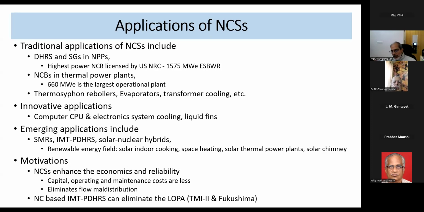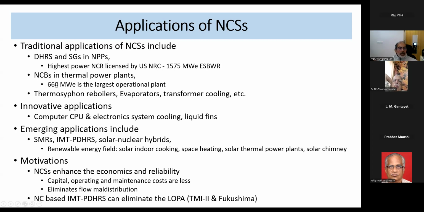Now, natural circulation has many applications in nuclear power plants. All decay heat removal systems are natural circulation. In addition, the steam generators in PWRs can be as high as 1200 megawatt thermal. And of course, we did talk about the ESBWR, it's 1575 megawatt electric.